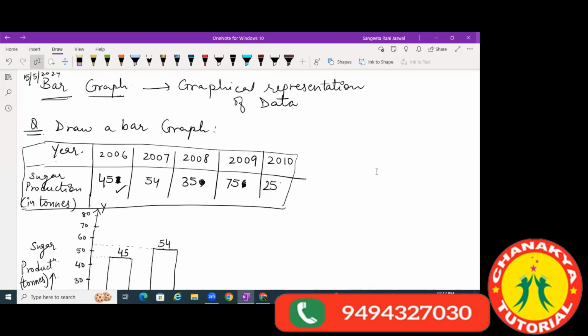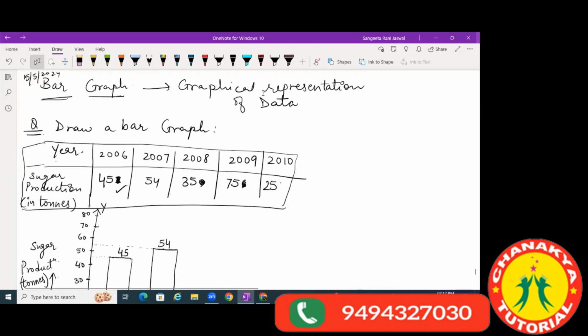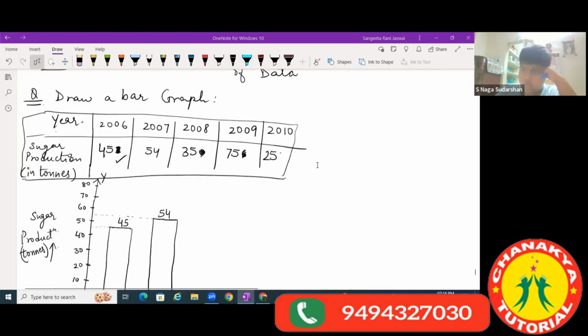Soumya, any child who's not understanding? Charvik, are you able to understand? Your volume is very low, so please write in the chat box. You can write whatever you are saying.